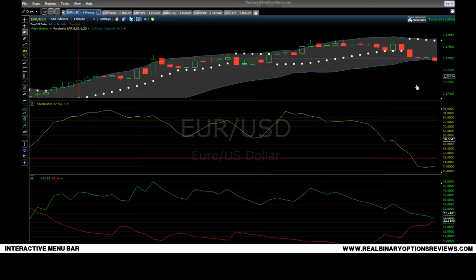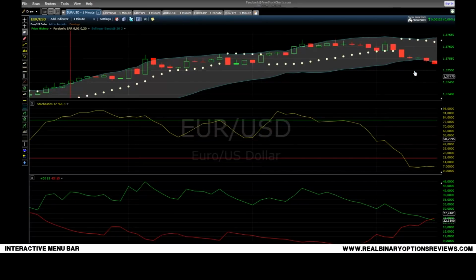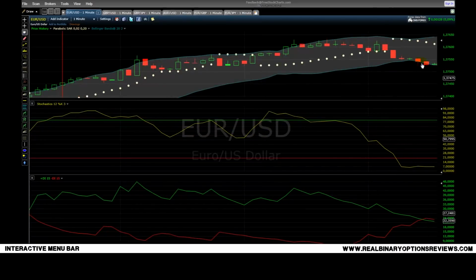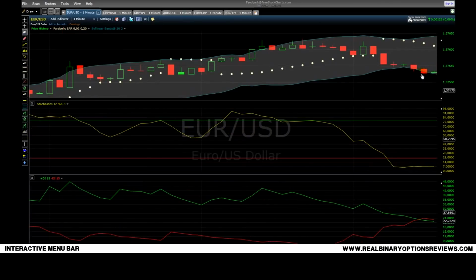I have an explanation of this in some other videos, but let's just follow this simple strategy. I want to keep it as simple as possible for you. So we are not entering here, and here we see a closure, the candle closed fully below the Bollinger Band. So let's say, okay, let's follow the rules.